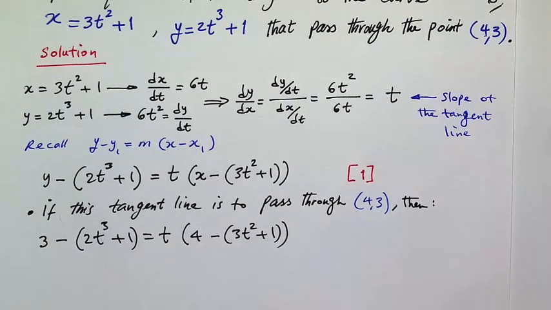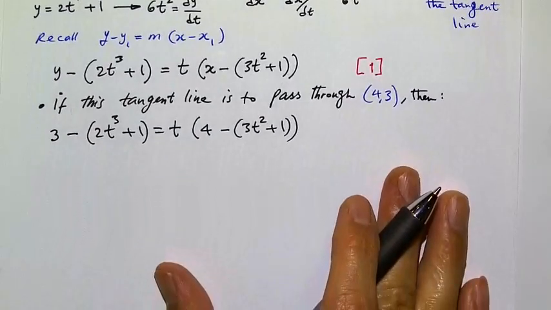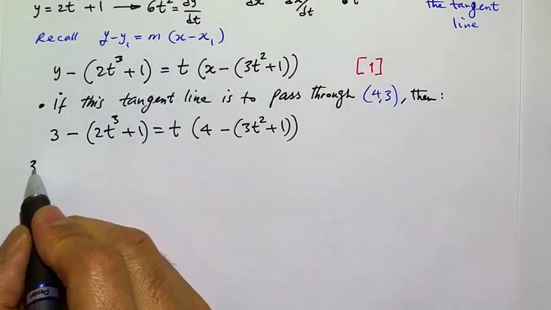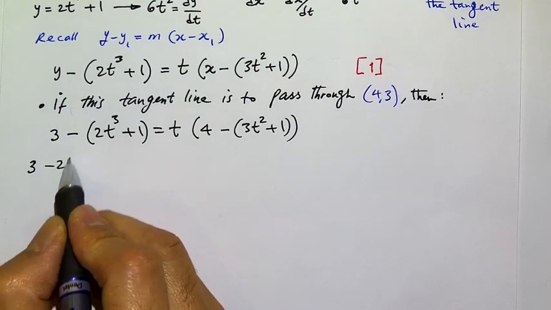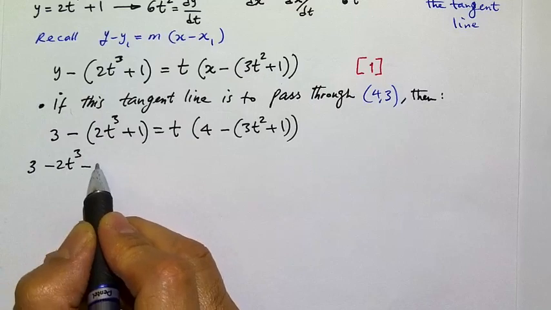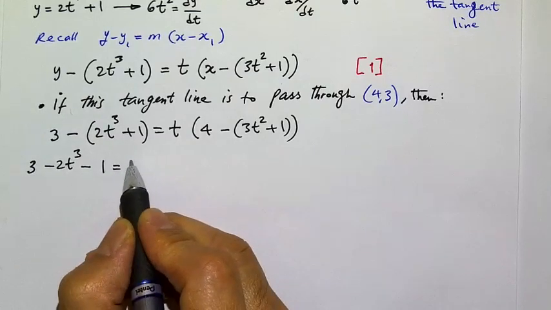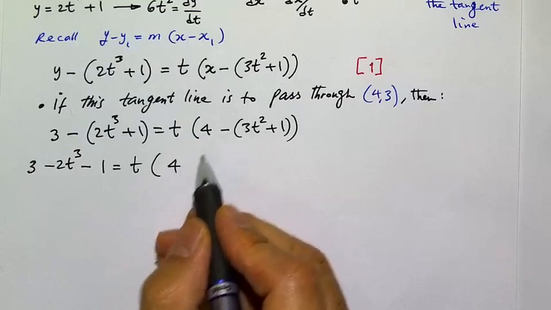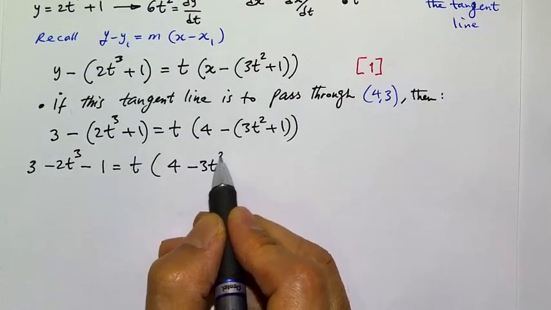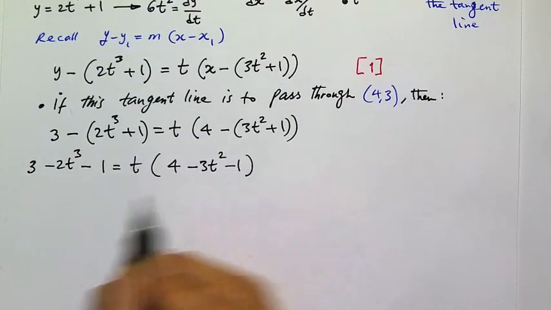Like that. Okay. Now the rest is just simplifying, distributing and simplifying things. So I'm just going to start from here. So 3 minus 2t cubed minus 1 equals t times 4 minus, I'm going to distribute this, minus 1.